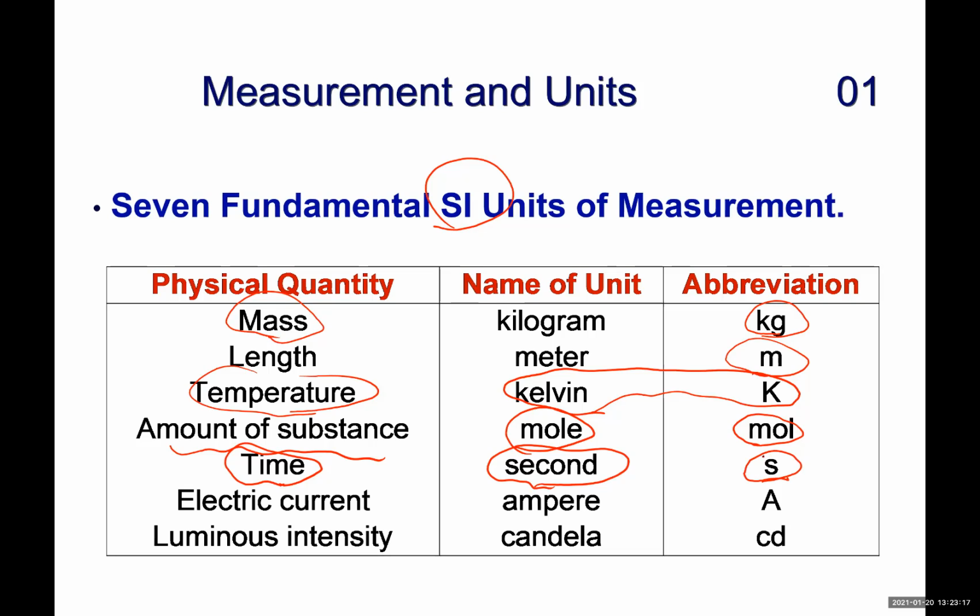The abbreviation is s. And for measuring the electric current, international unit is using ampere, and abbreviation for ampere is A. And to measure intensity of the light, which is luminous intensity, the unit is in candles, and you abbreviate it with cd.